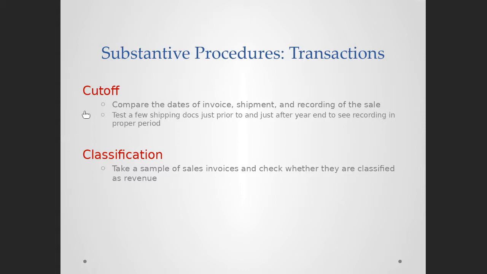And we want to make sure that those items are actually recorded in December in the financial statements. And then we come to the first couple of weeks of January, and we take a few shipping documents. And we want to make sure that those are actually recorded in January. So the periods are not overlapping. One period's transactions are not going into the next one.